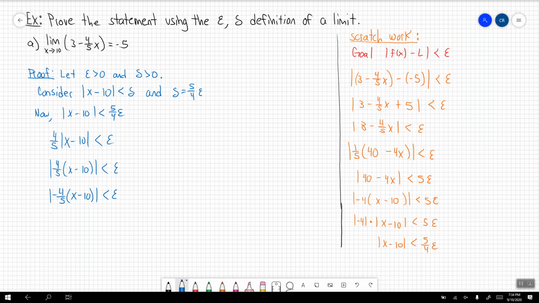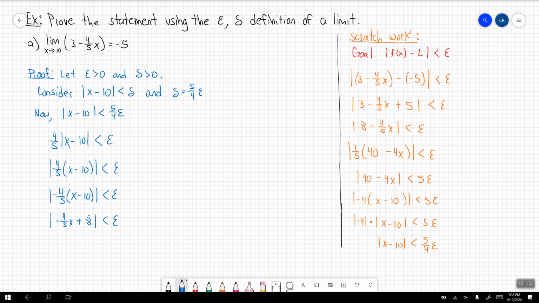The reason I want to keep working with the last statement is because when I distribute, I now get -4/5 x plus, in this case, 10 times 4 is 40, and 40 divided by 5 is 8, is less than epsilon. And as you can see, we keep getting closer and closer to this difference of f of x minus L. So all I have to do now is keep working with that.